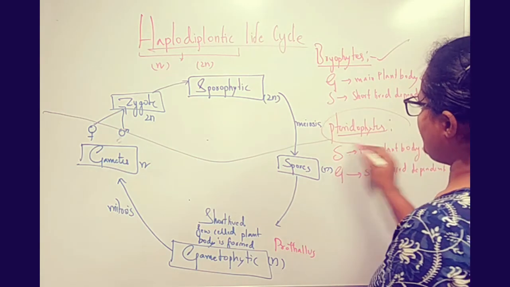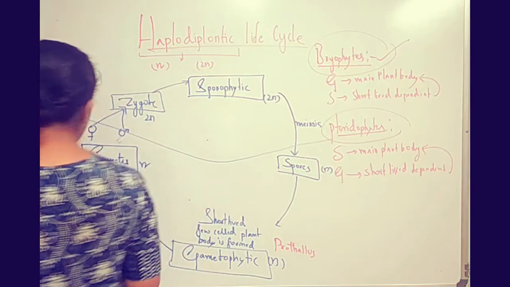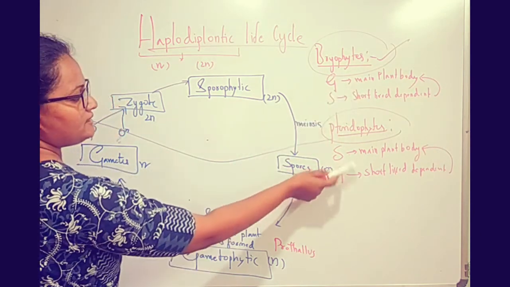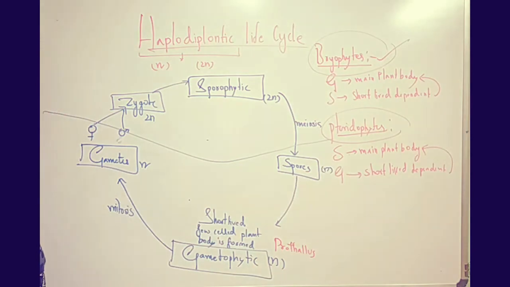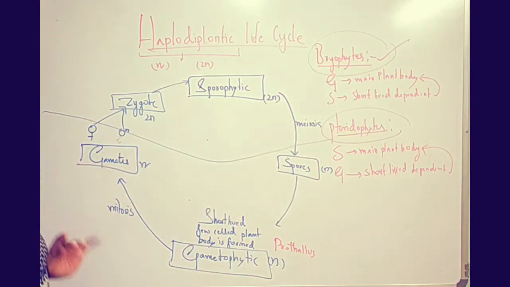So these are the two examples where we see the haplodiplontic life cycle. They show both life cycles in a 50-50% manner, where some are dependent and some are independent like this. Okay, so this is about the haplodiplontic life cycle and the end of the chapter, Plant Kingdom.